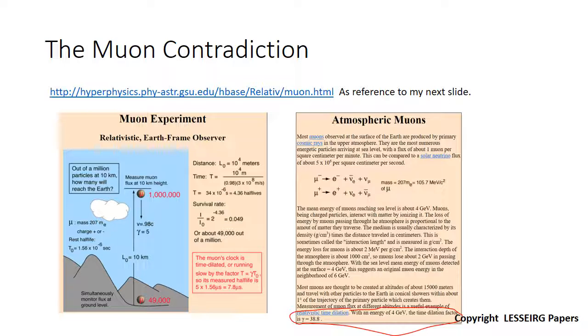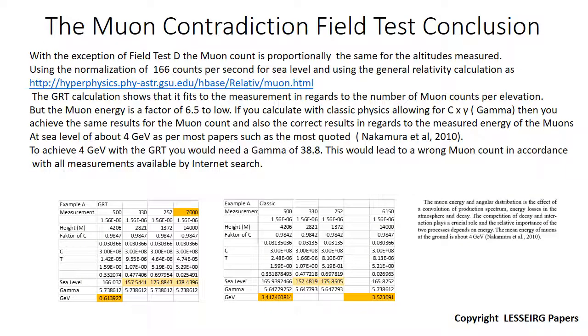Basically using the same math as described in hyperphysics, I put these numbers in an Excel sheet. What I did is I used the numbers, like the 500 at 4,000 meters, and then put in the factor C, which gives me a gamma rate of 5.7.